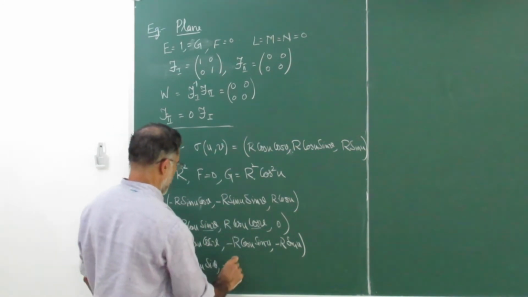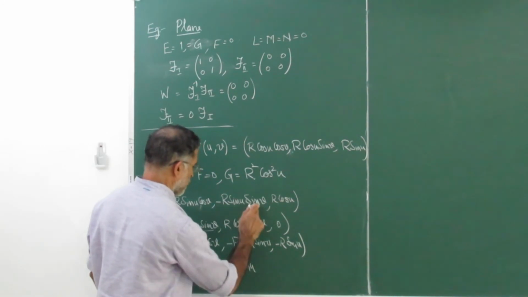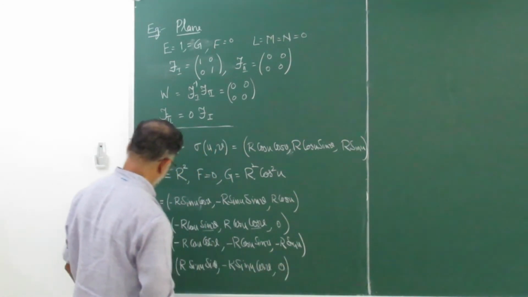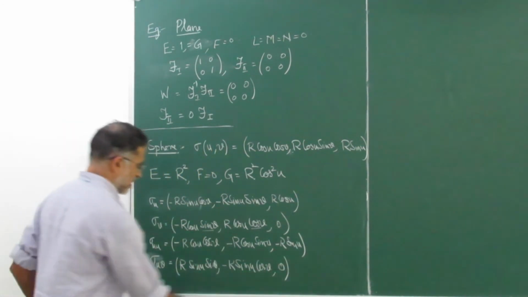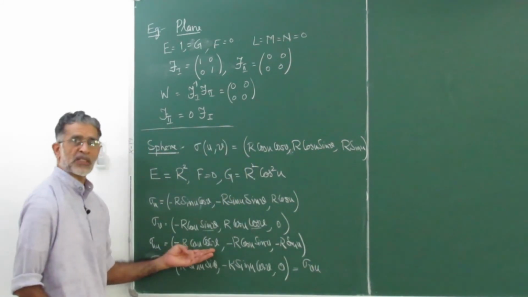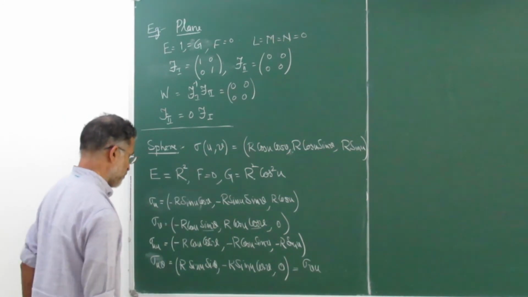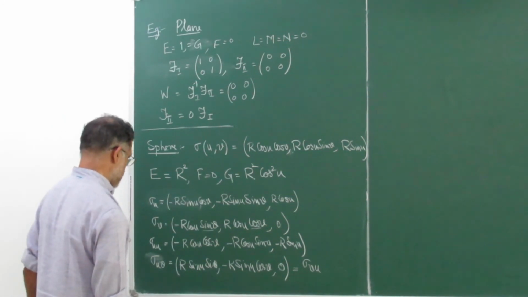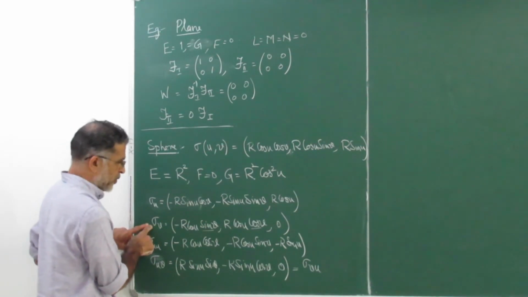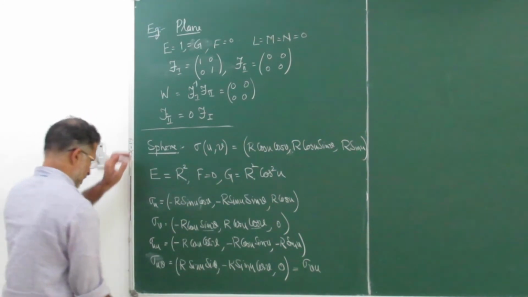And here, minus r sin u cos v, and this is 0. You are differentiating with respect to v, and this is the same as sigma vu. If you have difficulty, check: differentiate this with respect to u, you are going to get exactly this expression. You can check, it is not a very big thing.